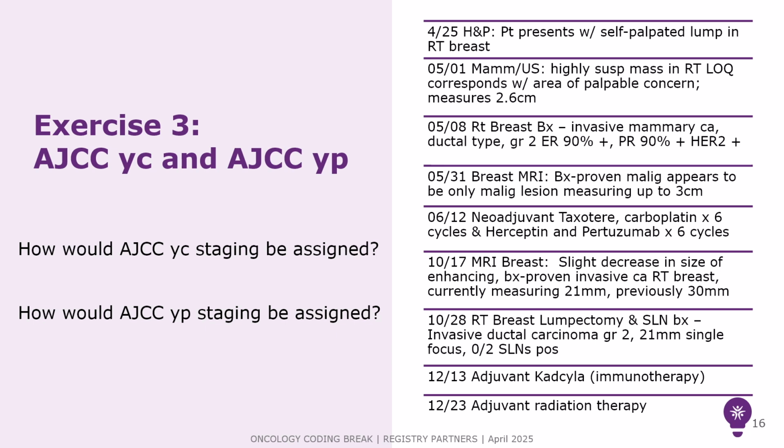Invasive mammary carcinoma, ductal type, grade 2, ER 90% positive and PR 90% positive with HER2 positive. 5/31, the breast MRI was performed. Biopsy-proven malignancy appears to be the only malignant lesion, measuring up to 3 centimeters. On 6/12, neoadjuvant therapy was performed with Taxotere, carboplatin, Herceptin and pertuzumab.